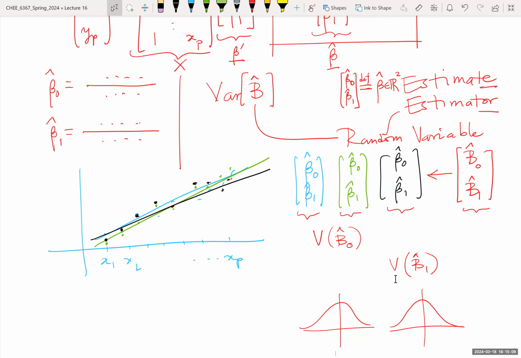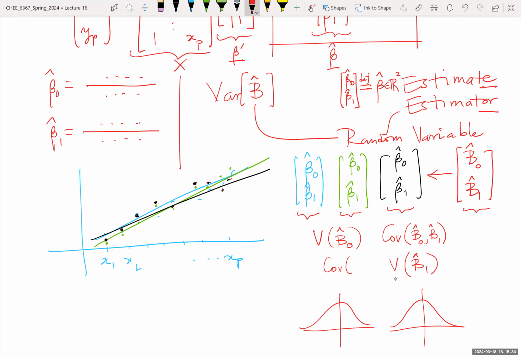Could it be that it goes below the typical value most of the time? Do the two vary in tandem or contrary to each other, or are they not related to each other? What captures that is what we call the covariance between beta hat 0 and beta hat 1.